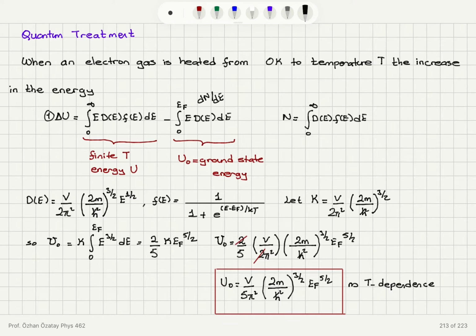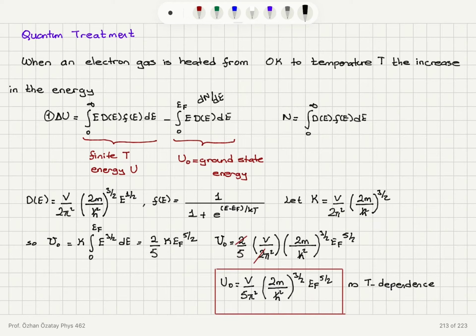Now at a finite temperature we have a probability of occupancy of energy E, so we have to weigh this by this probability. That's the Fermi-Dirac distribution function. So all possible energies range from 0 to infinity, E times dN/dE times f(E) dE. This is going to give us the finite temperature energy.